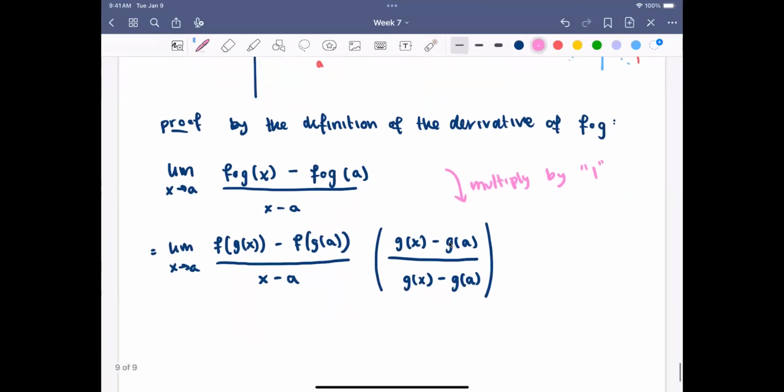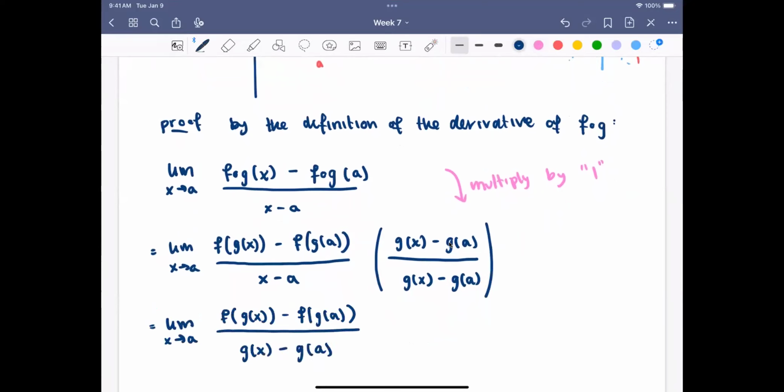So I get the limit as x approaches a of f of g of x minus f of g of a, divided by g of x minus g of a, times g of x minus g of a, divided by x minus a.